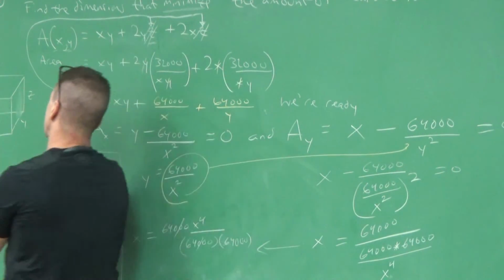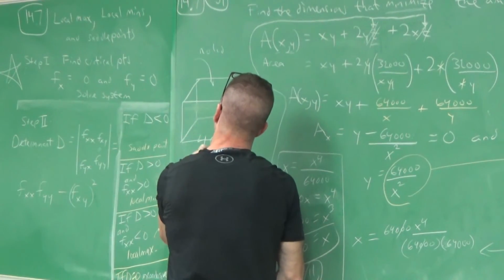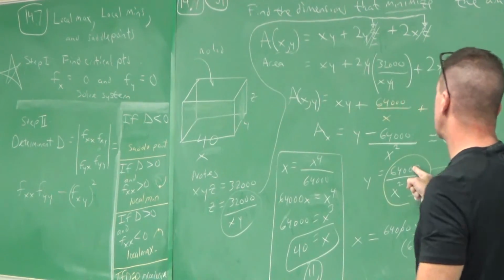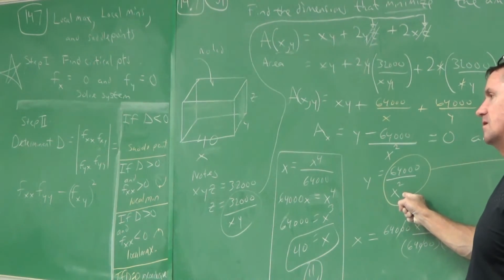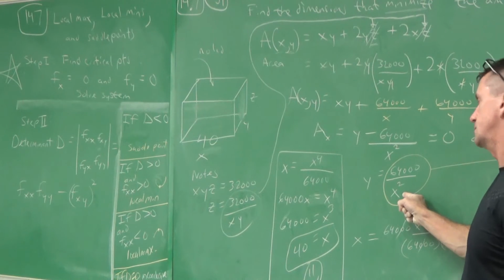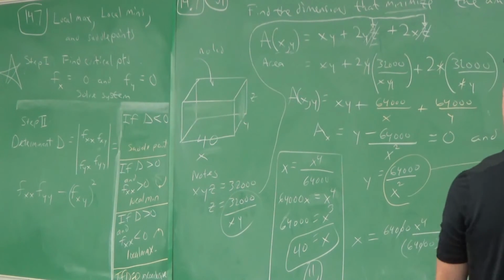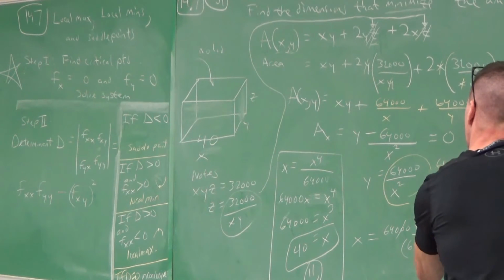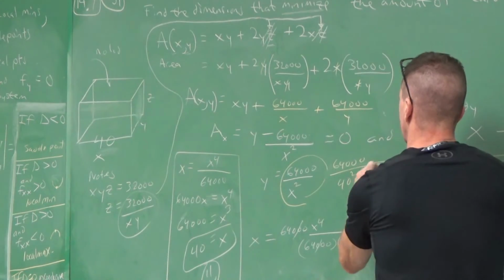I'll go up here, x is 40. Y is, what's 64,000 over 40 squared? 1600, right? That's 1600. I'm going to put it back in here: 64,000 over 40 squared. Is that 40? Yep.